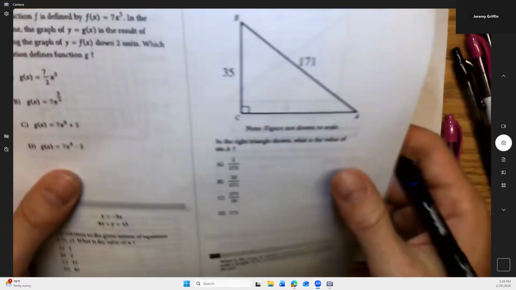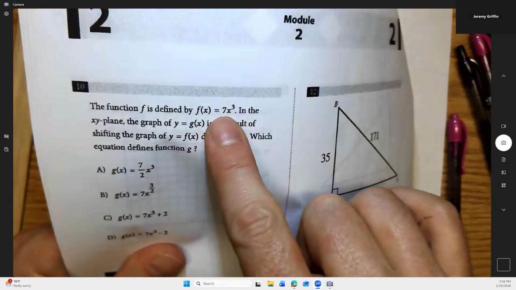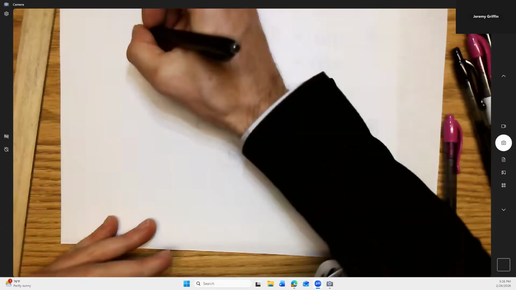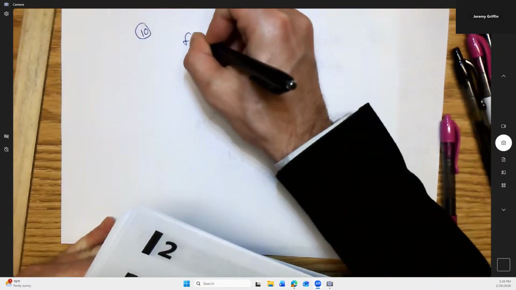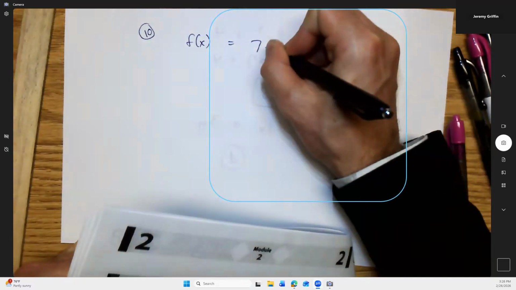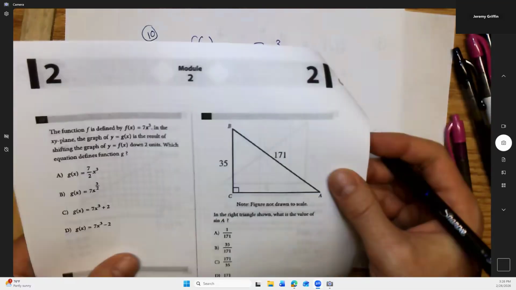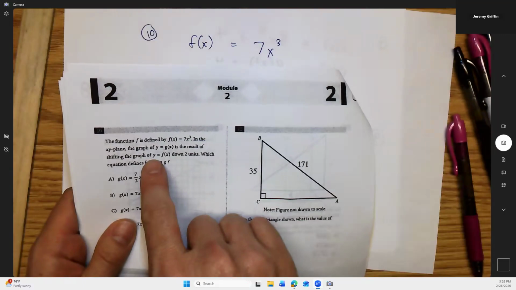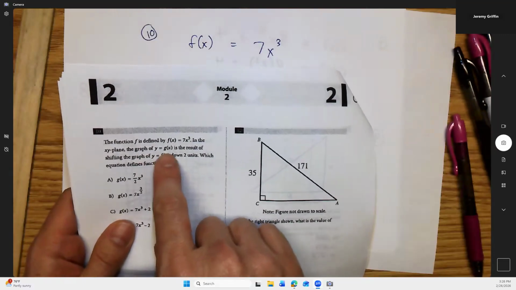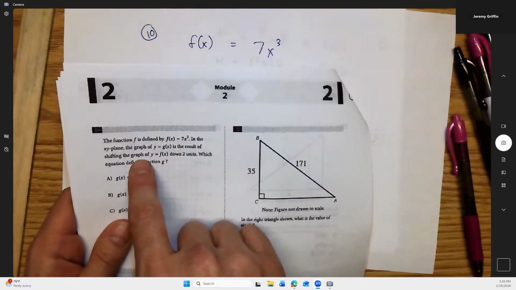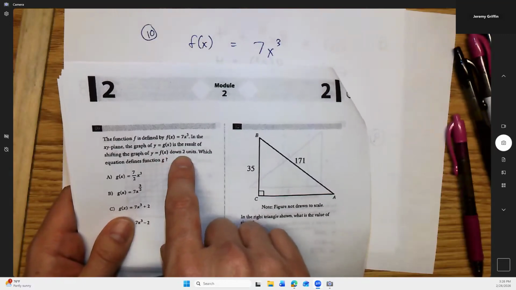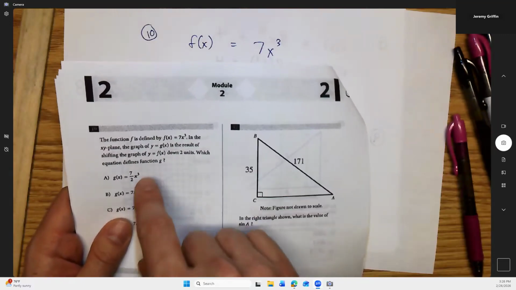Number 10. A function f of x is 7x cubed. I'm going to write this down. And the xy-plane graph of y equals g of x is the result of shifting the graph of f of x down 2 units. What's g of x?